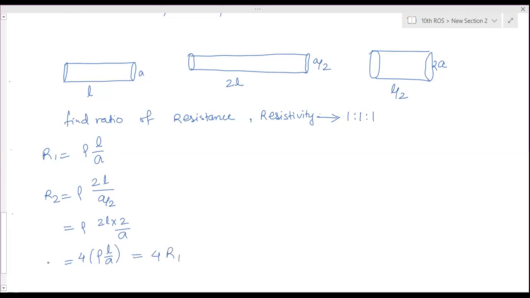Can you write like this? And what about R3? Rho L by 2, 2A. L by 2 into 1 by 2A, that is 1 by 2 into 1 by 2 is 1 by 4 rho L by A. So this part is again R1. 1 by 4 R1 is R3.